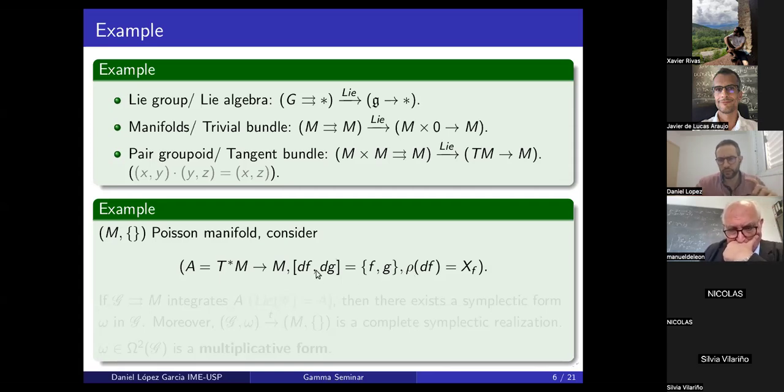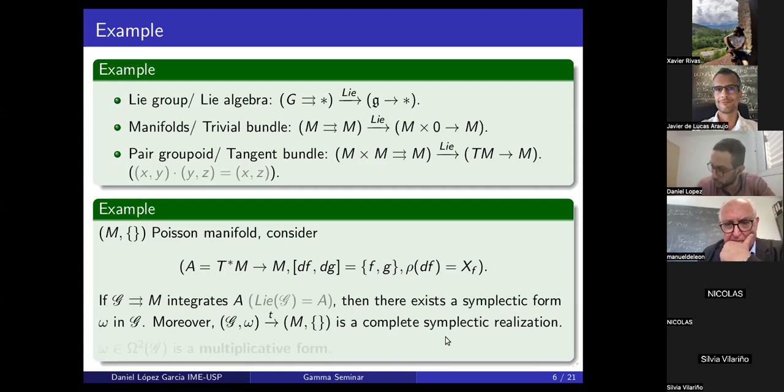It doesn't matter because I can define this locally and then extend this definition. So when you compute the bracket between two exact forms, it is just by computing the Poisson bracket between the functions f and g. And the anchor map is just basically by considering the Hamiltonian vector field.